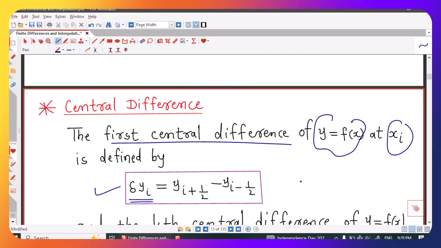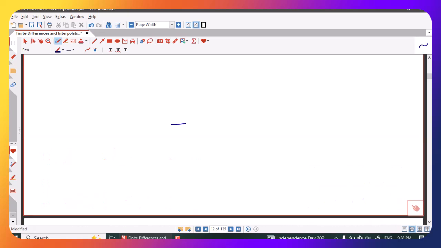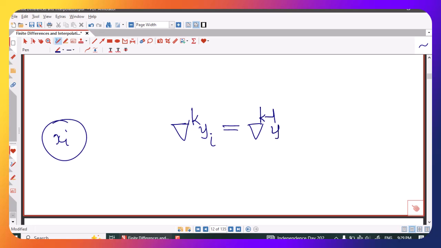We have defined kth order forward differences in a similar way. We know that if we are writing kth order forward difference of y at point xi is also given by delta to the power k minus 1 y at i plus 1 minus delta to the power k minus 1 yi.